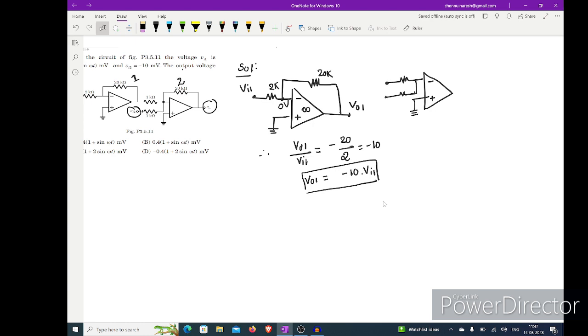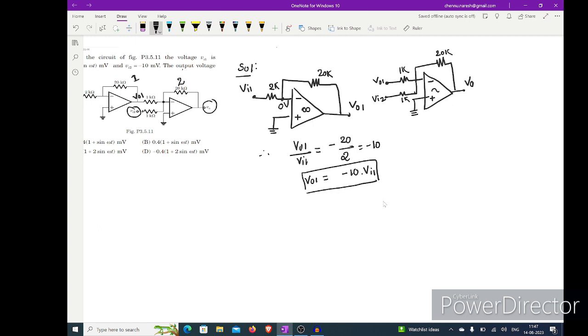Here it is coming from here. I mentioned this is V01, so this V01 is coming here, and Vi2 is grounded, and we have one more 20k resistor. This I told V0. So this is 20k, this is 1k, this is 1k.